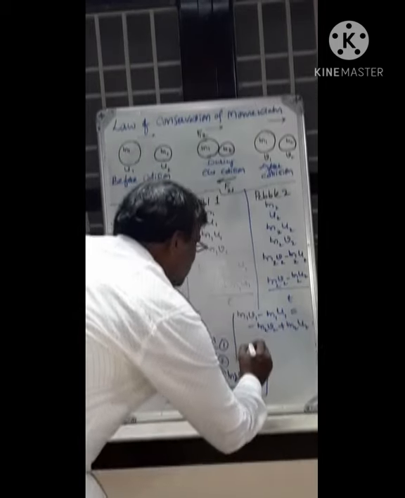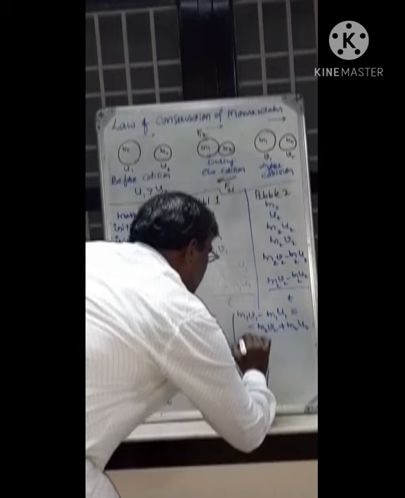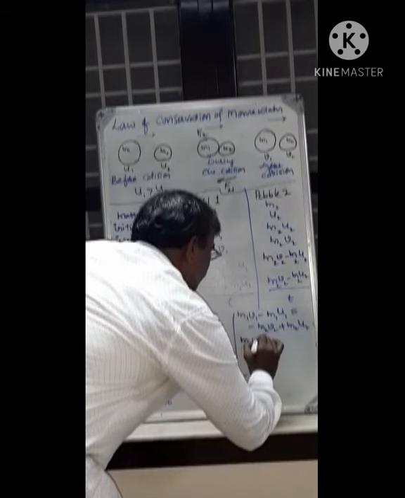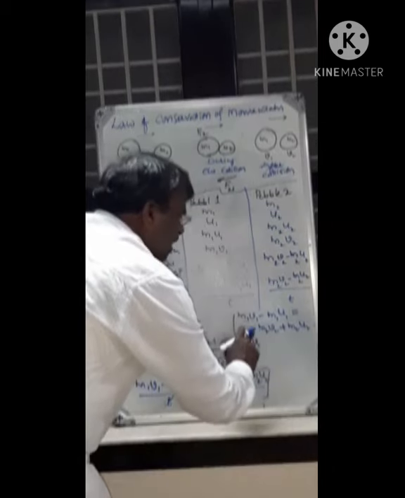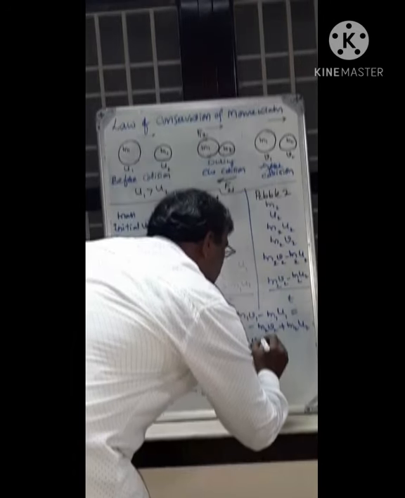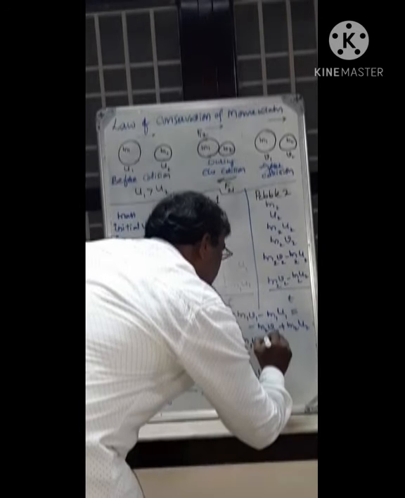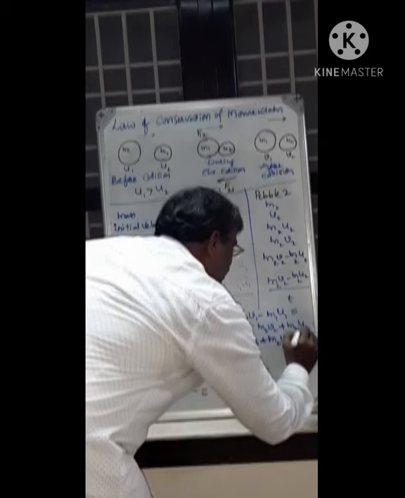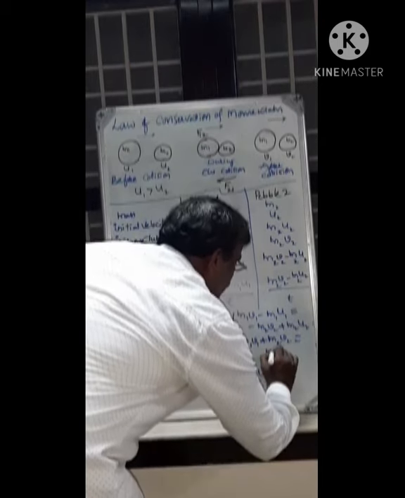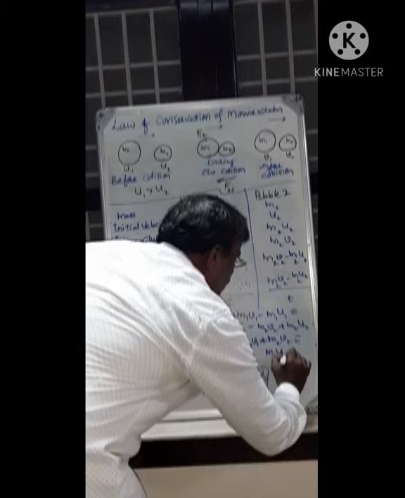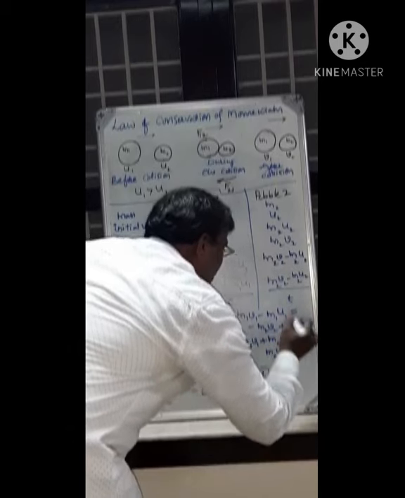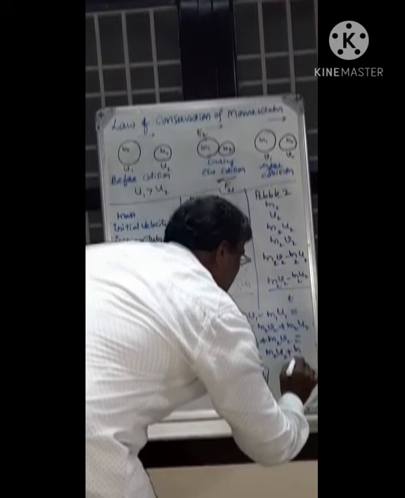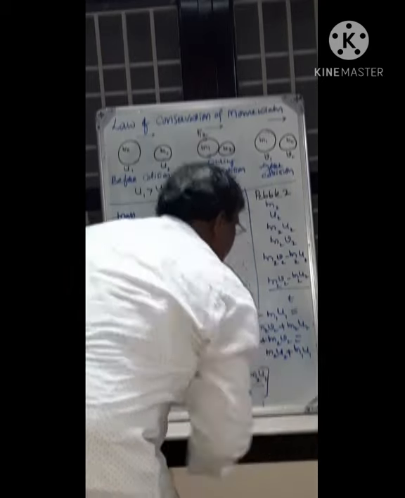This can be written as m1 v1, and minus m2 v2, when it comes to this side, becomes plus m2 v2, is equal to m2 u2 plus, and this minus m1 u1 becomes plus m1 u1.